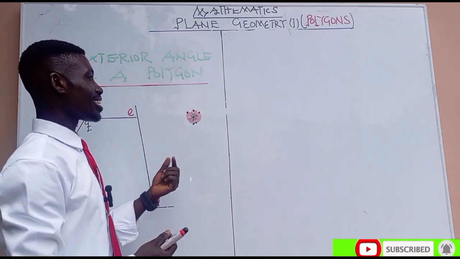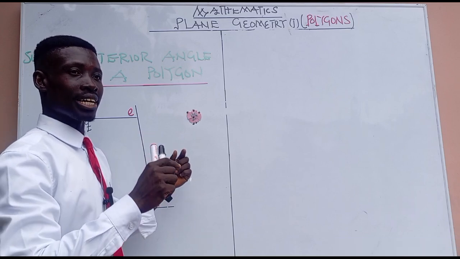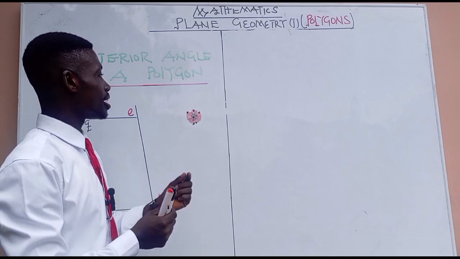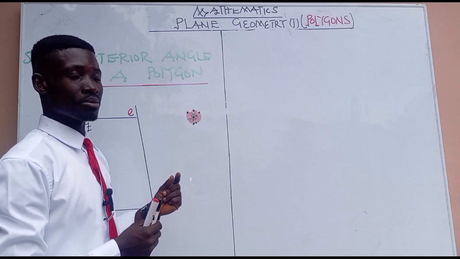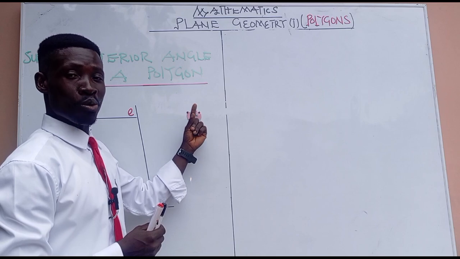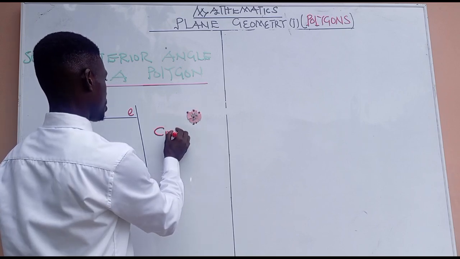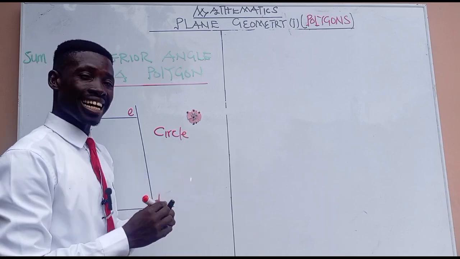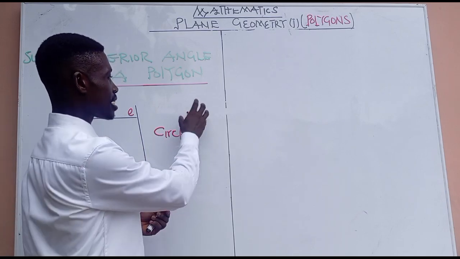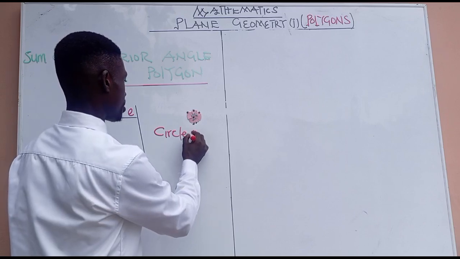After arranging all the exterior angles that I detached from the polygon and then arranging them together, this is what we are coming out with. What type of figure is this? You realize that this is a complete circle. And we know that the sum of angles around a circle is always equal to 360 degrees.